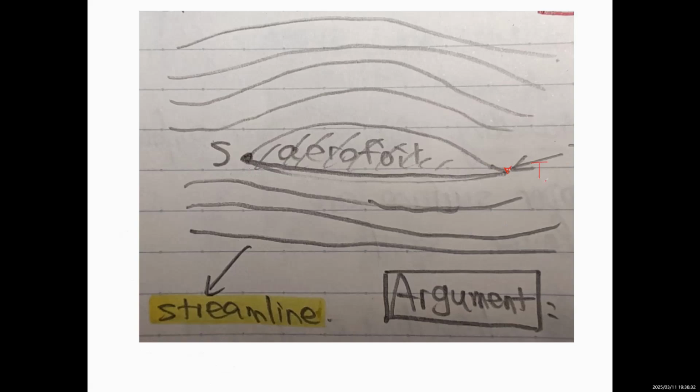So what they argue is that the particles should arrive at T simultaneously as they split at point S at the same time. So the distance traveled through the upper surface is L1 and the distance traveled through the lower surface is L2.